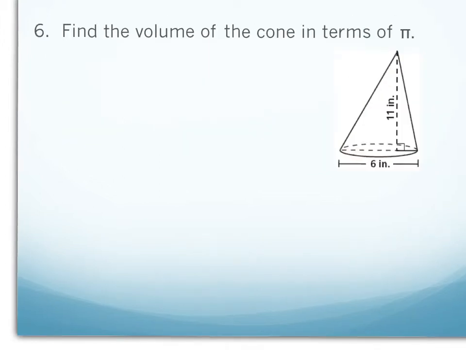Alright, number 6, we're going to find the volume of the cone in terms of pi. So we are given the diameter is 6, which means our radius is 3 inches, and we're told our height is 11 inches. So remember, volume of a cone is 1/3 times pi times radius squared, so 3 squared, times the height, which is 11.